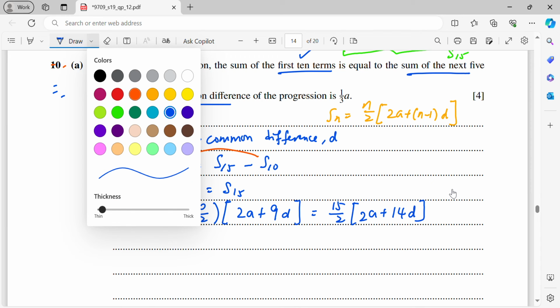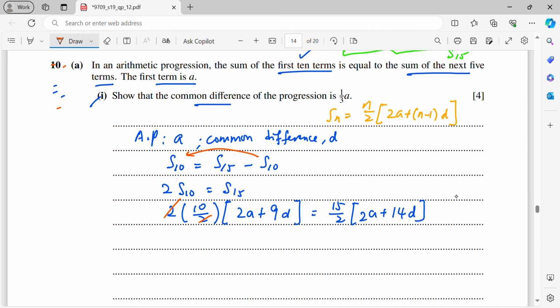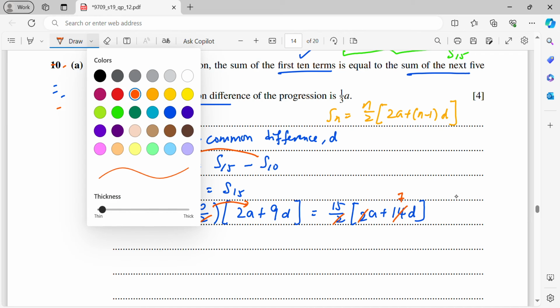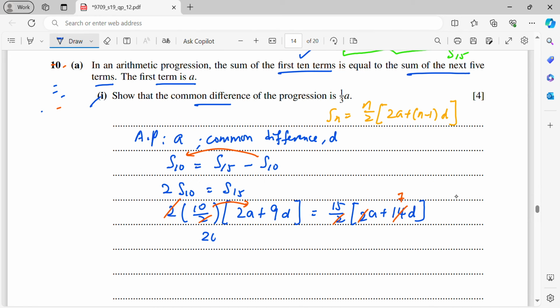Okay, so on the left hand side, the 2 and 2 can be cancelled off, and then this 5 times into the bracket, right? And then for the right hand side, the 2 and 2a can be cancelled off, then 2 and 14, it will be 7. So it means that now here, actually I'm getting 20a plus 90d equals to 15a, then 15 times 7, that is 105d. Then now, you need to show the common difference, which is the d, equals to 1 over 3a.